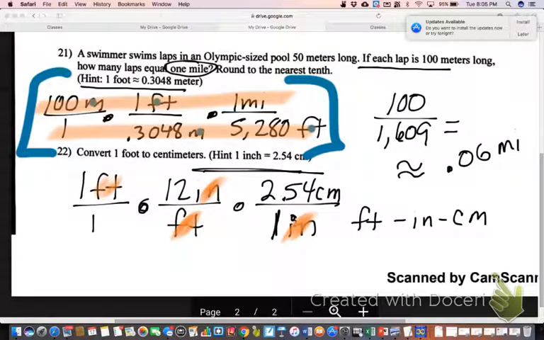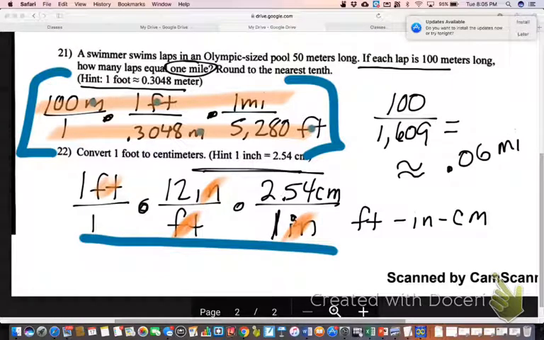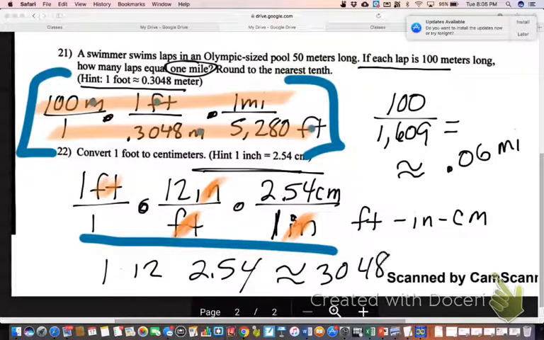Because the bottom is pretty much all ones, all I really need to do to get my final answer is multiply across the top. So if I do 1 times 12 times 2.54, a lot of you guys got this one right, I end up with approximately 30.48 centimeters.